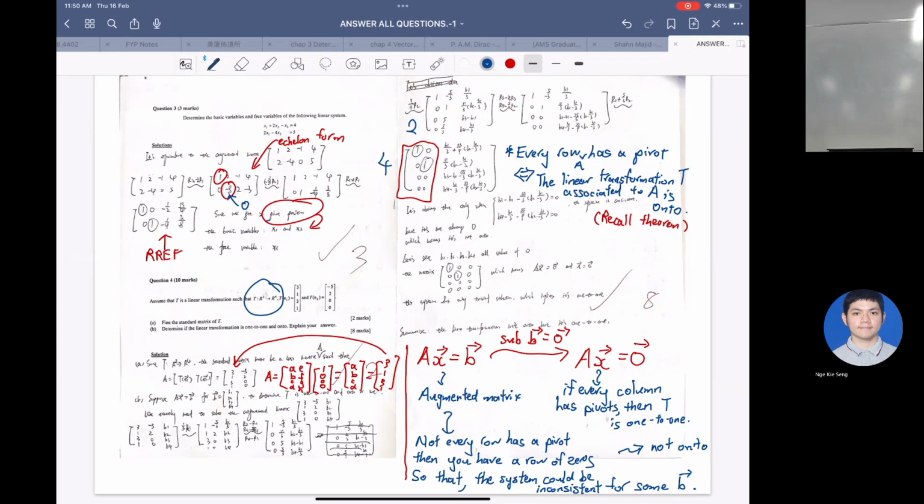Like yesterday I said, you cannot use a plane to fill out the box, I mean, using just one plane. So how does this demonstrate using a matrix? You can see that you cannot have a pivot at all rows. There's no space for you.